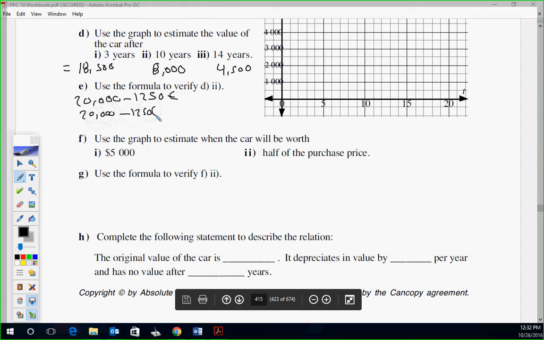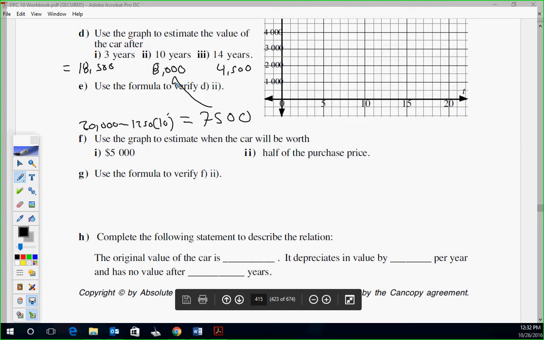Just do the second one, 10 years. 20,000 minus 1250 times 10 should be 12,500. 7,500, huh? So it's close. 500 off, not bad.